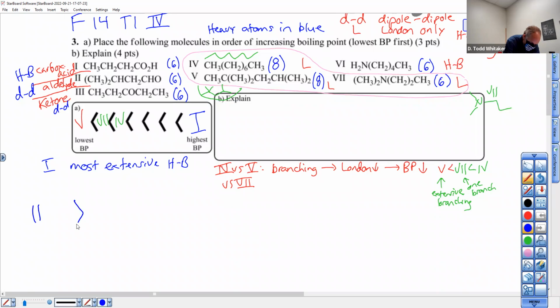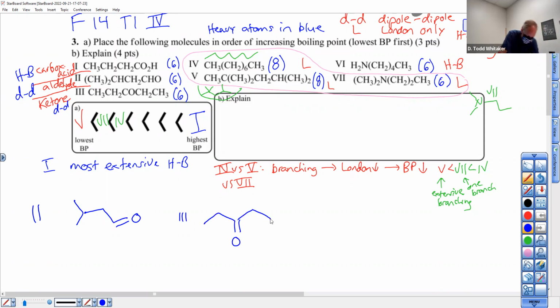Picture for 2. Oh, it's got a branch too. Sorry, I just noticed there's a branch on this thing. Yeah. And then go CH. We got CH. Go to CH2. Go to C with an aldehyde. And 1, 2, 3. CH3 once, twice, ketone.